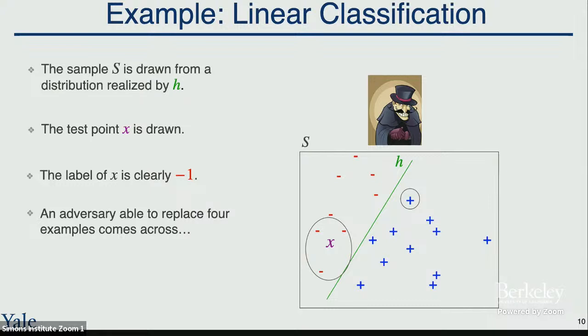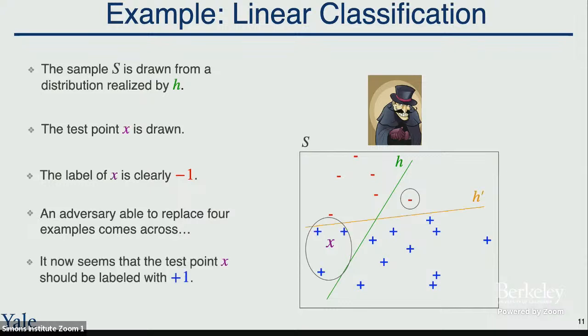The goal of the adversary is to make sure that you're going to make a mistake on this data point. So it's going to change the label of those 4 data points. And suddenly there's going to be another hypothesis from the class that is also realizable, but the prediction is going to be different from the correct prediction, right? So the adversary is successful in doing that. Good.